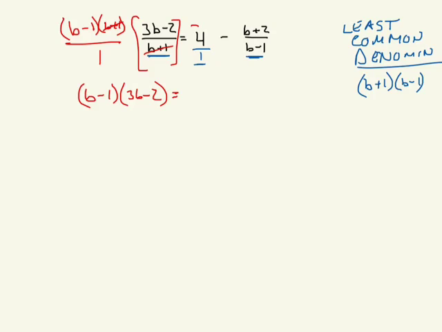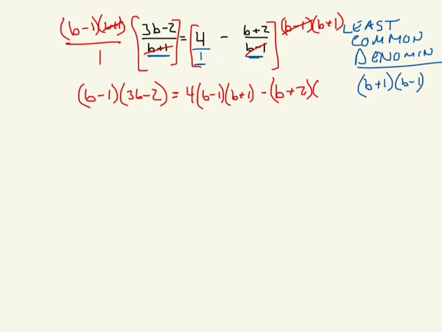Now, on the right side, we're going to take our b minus 1 and our b plus 1, and we're going to distribute it. So when we distribute it, the 4 is going to get multiplied by both of them, b minus 1 and by b plus 1. And the other fraction, the b minus 1s, will cancel, and we'll be left with a b plus 2 and a b plus 1.